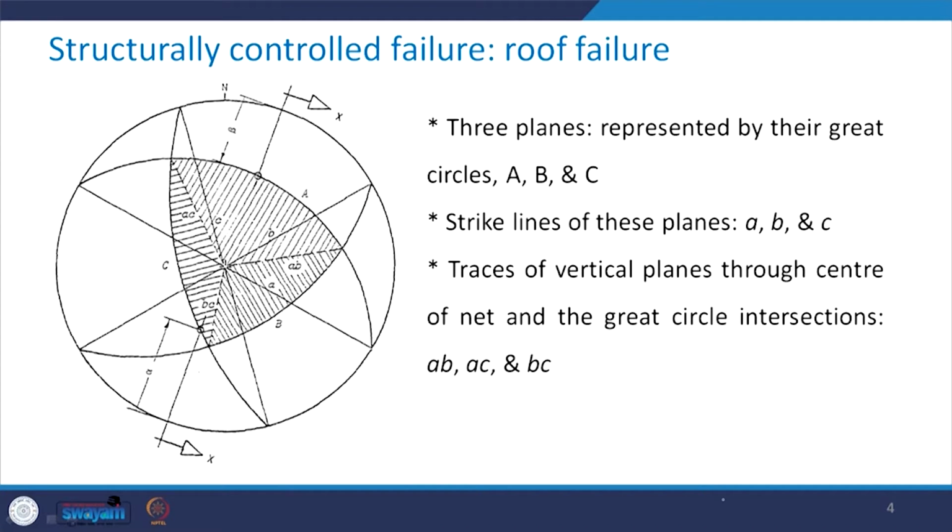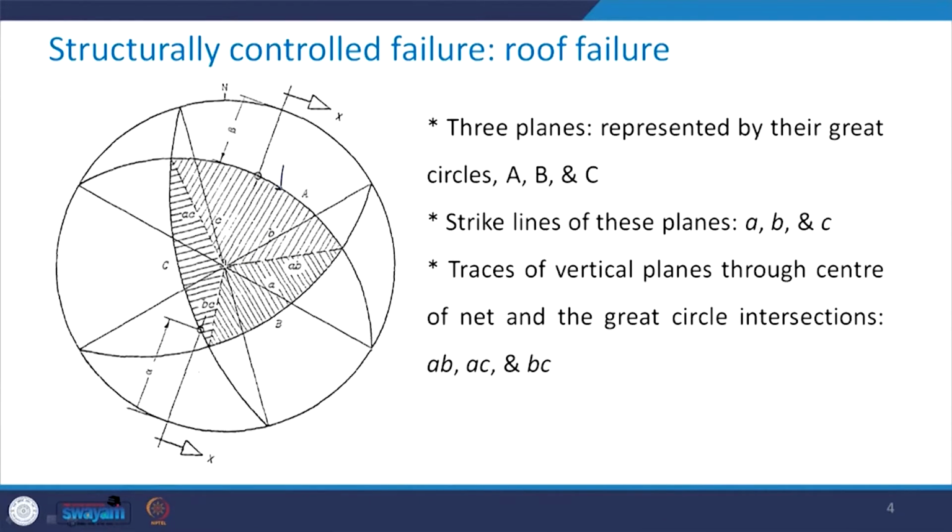First, we take a look at the stereographic projection. You all know that any plane, it can be a bedding plane, a joint, any plane, can be represented on the stereo plot with the help of either the great circles or the poles.